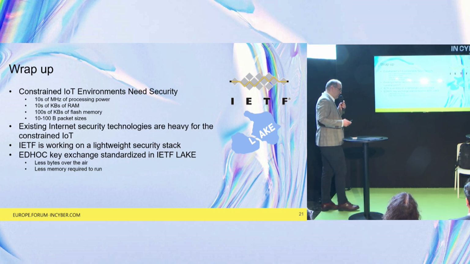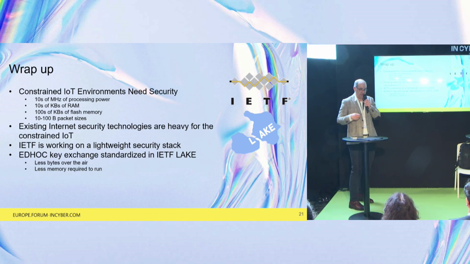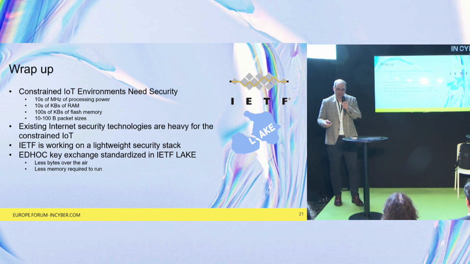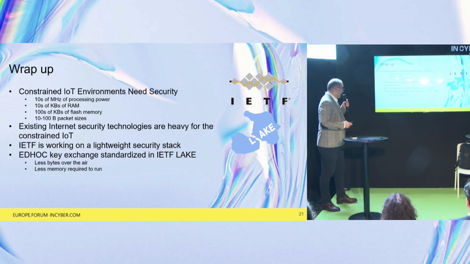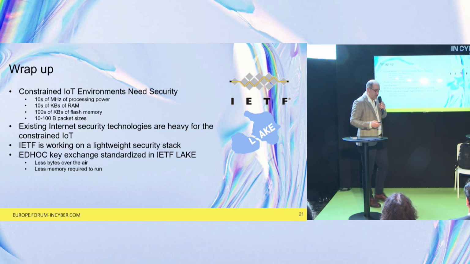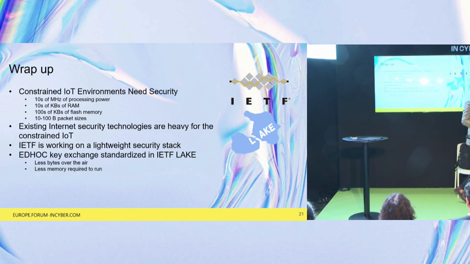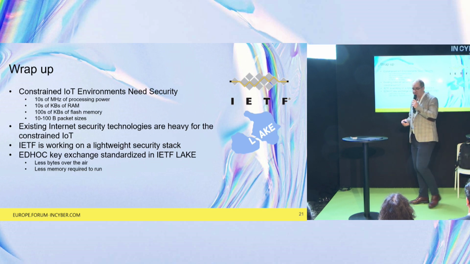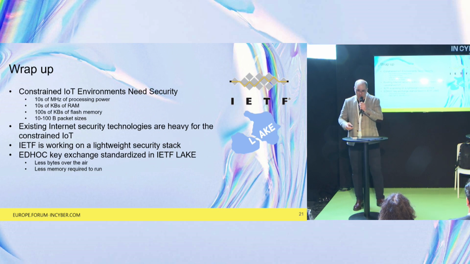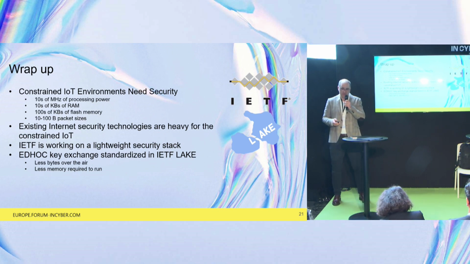So how do they authenticate to the non-constrained internet hosts, for example, and how do they start exchanging protected data? As we could see, existing internet security technologies can be considered quite heavy for IoT use cases. And we are working in the IETF on a lightweight security stack, including key exchange, but also other pieces to the puzzle that are there to secure the communication of our IoT devices.